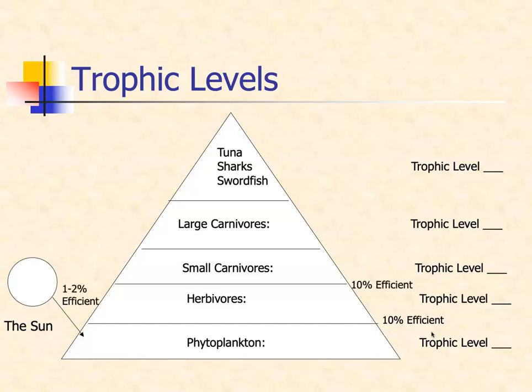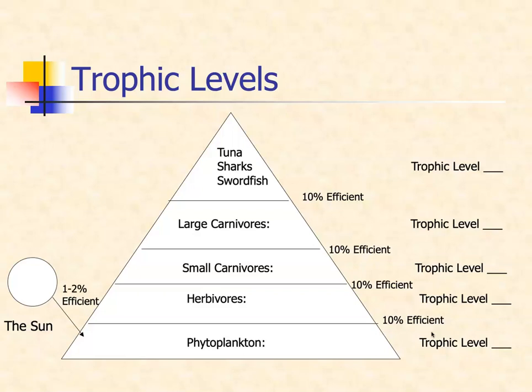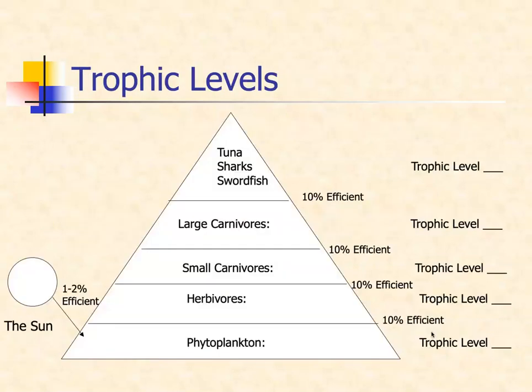And notice that at each level, again, the efficiency is 10%, which means 99% of what is eaten is either lost as heat or waste from the animal. And then again, notice that we have 5 trophic levels in this pyramid of biomass for a marine ecosystem.